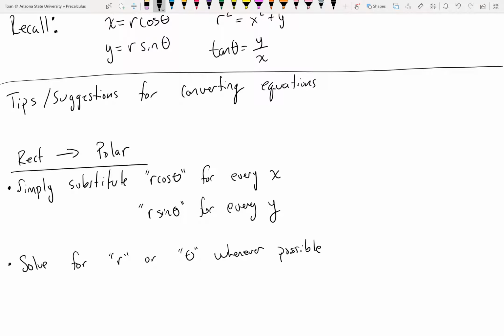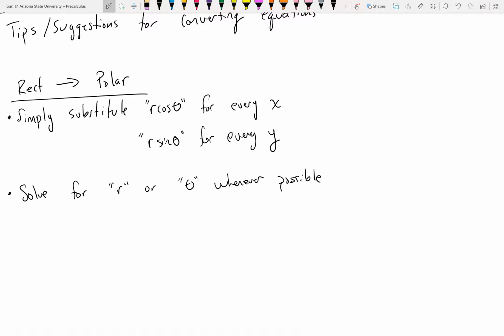I say whenever possible because sometimes the equations might get too complicated, and then you can just go ahead and leave it like that. In other words, you want r equals stuff, or sometimes there aren't any r's, and you can just go theta equals stuff. That's what you want.